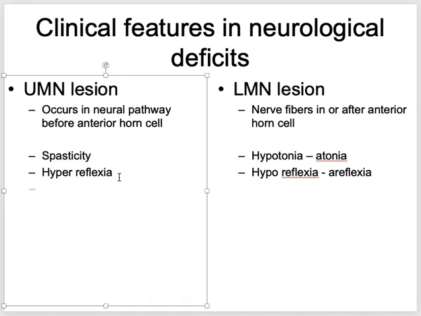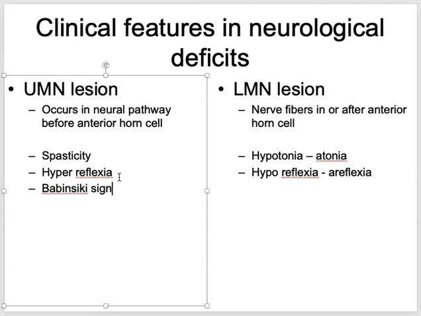Third thing you have to remember: in an upper motor neuron type of lesion, spasticity is there, hyperreflexia is there, and the third thing is something called the Babinski sign. What is that?